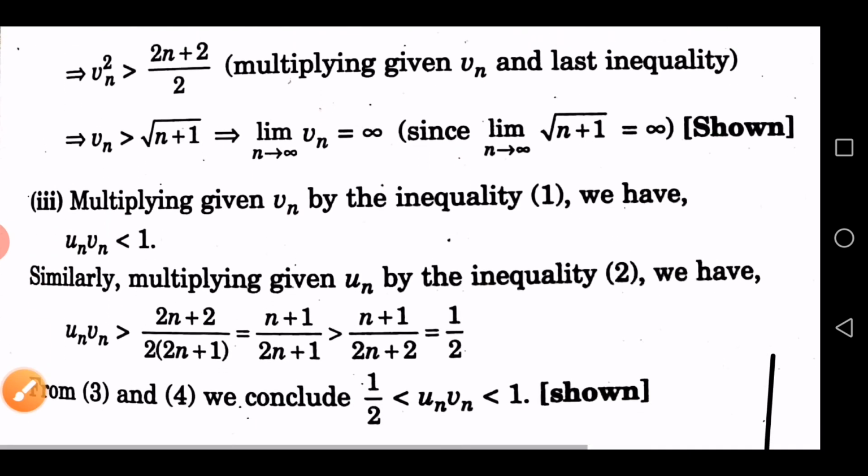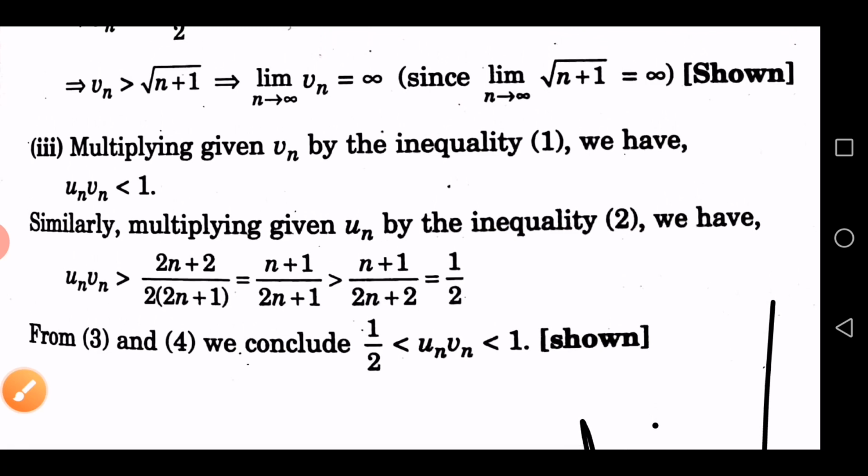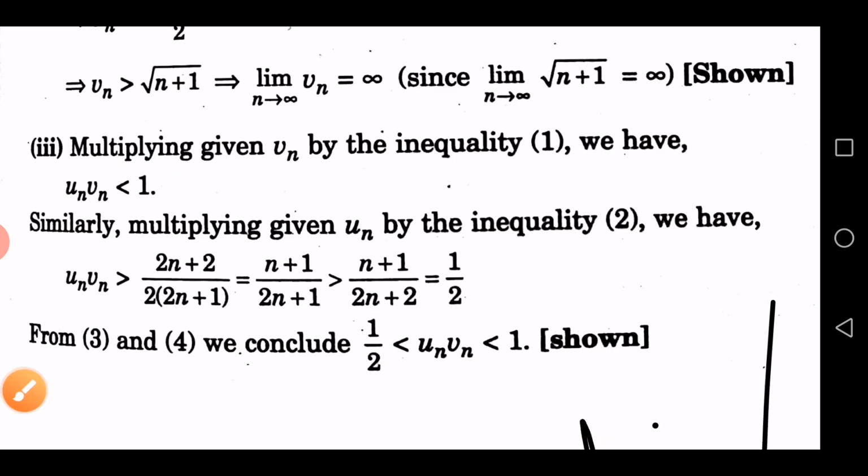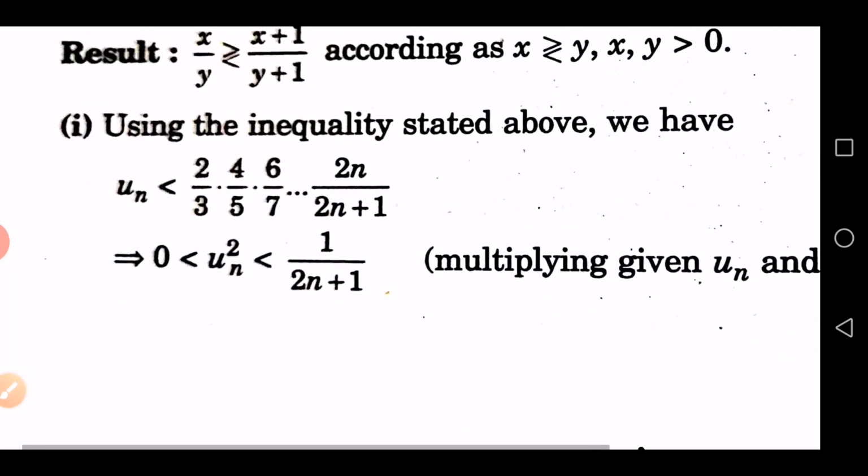Now let us come to the third part. Here we have to show two things, un Vn less than 1 as well as un Vn greater than half. Now multiplying the given Vn and the obtained inequality 1, that is obtained inequality 1 means this inequality.